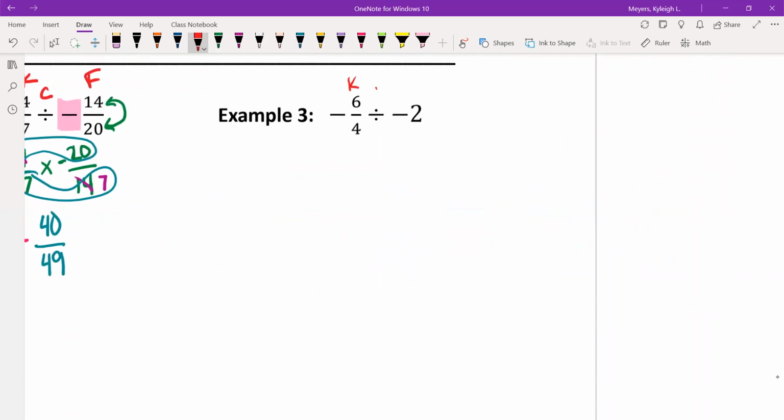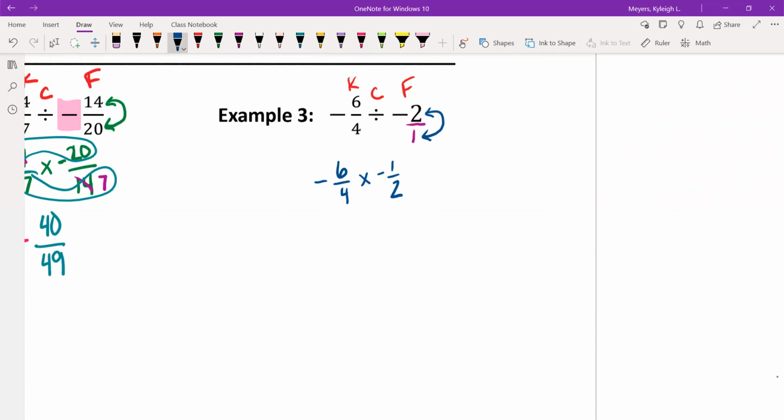Keep, change, flip. Keep the first one, change the multiplication. Flip this. Before we flip it, remember it's 2 over 1. Okay, so we keep 6 over 4. Change division to multiplication. We flip this -2 to become a -1/2. And we forgot the negative. And now we check for cross products. Do we have any?